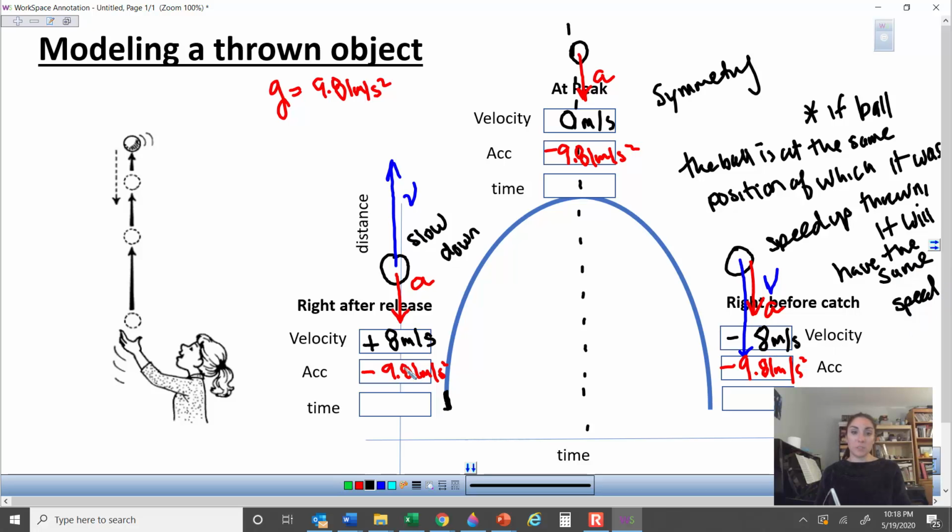It has the same speed, how fast it's going, but it would have a negative velocity because it's moving down.